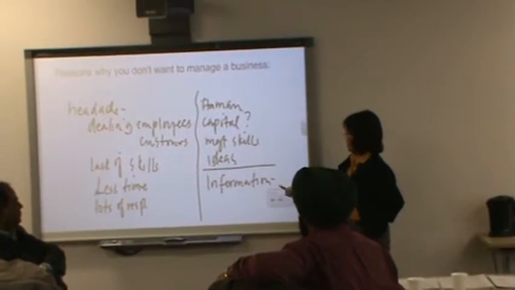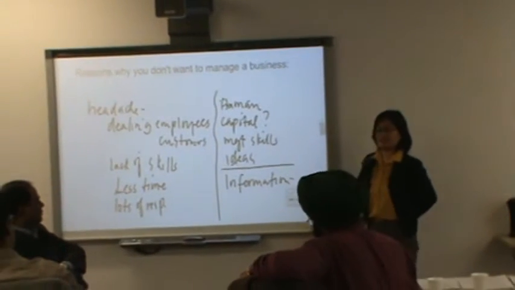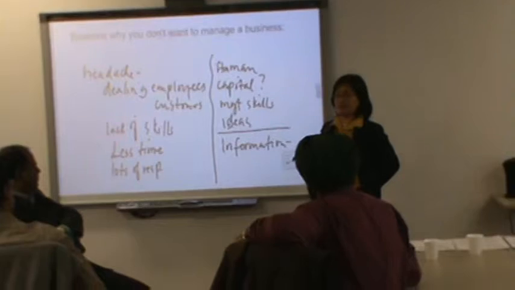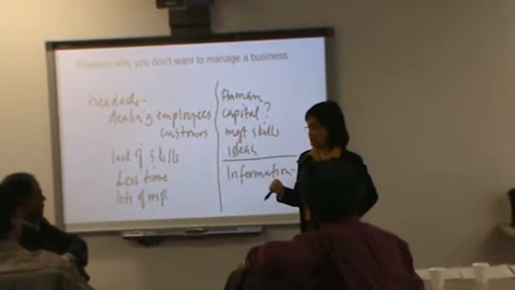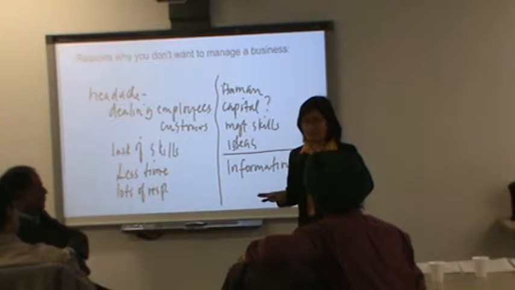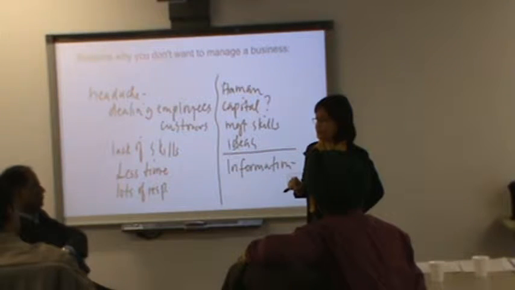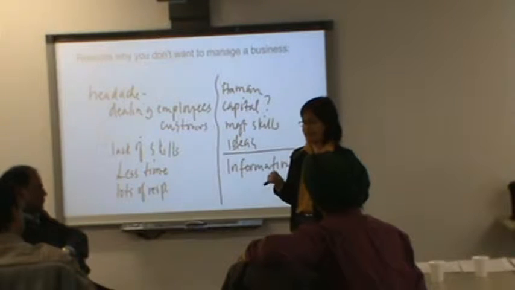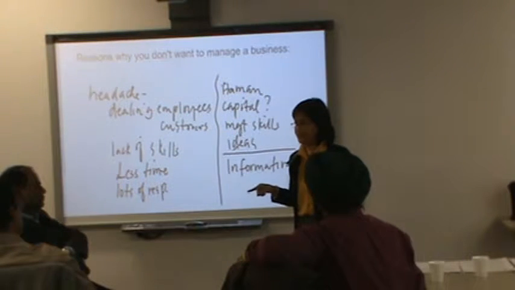Okay? Now, really, managing a business is not a joke. You need to have a lot of skills, a lot of ideas, and it requires a lot of systematic approaches. And many managers would agree that there is no single formula in effectively managing a business, right?